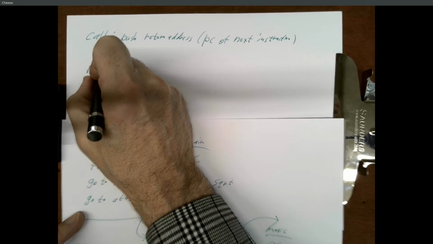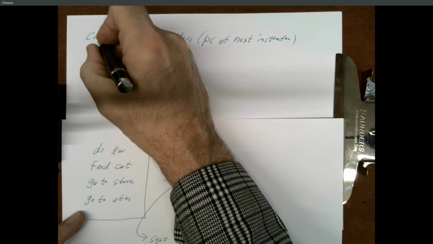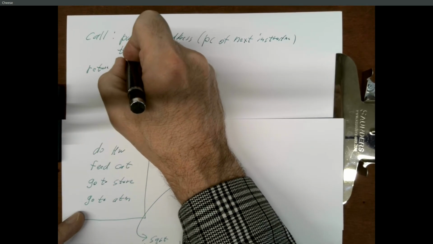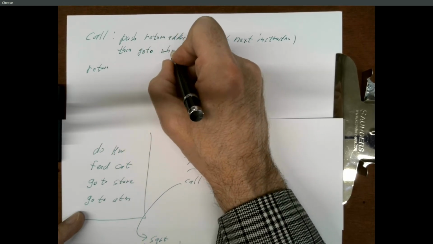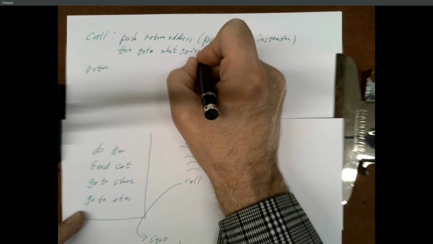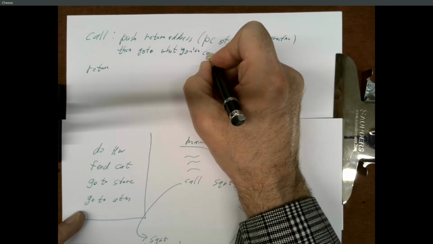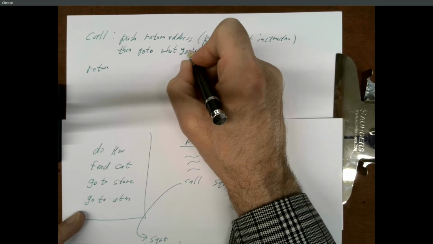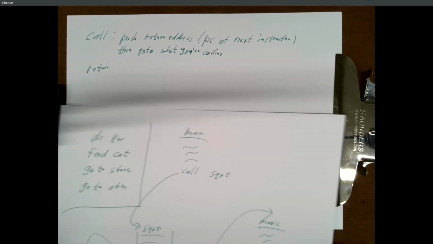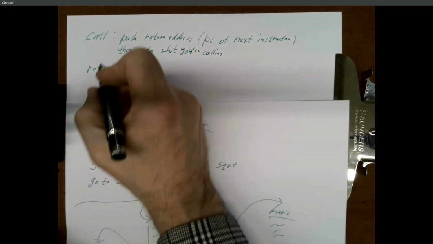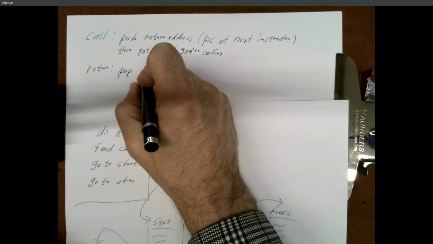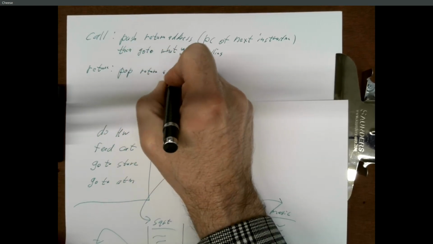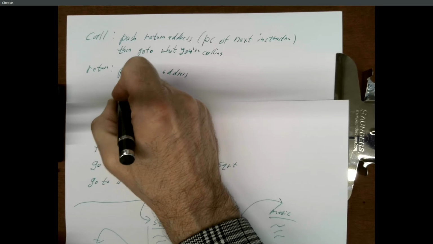And then go to what you're calling. So a call is like a go-to. You just save the return address first. And when you say return, pop off the return address and go there.